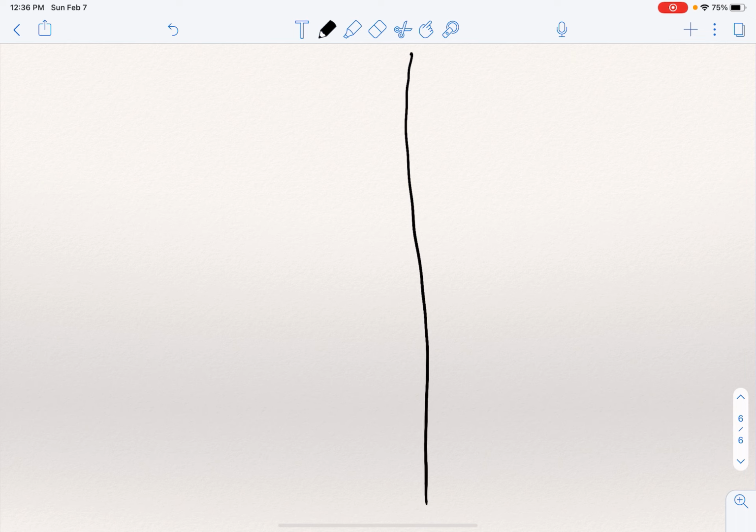Okay? So suppose I have the set A, the set of all graphs on n nodes, let's say.